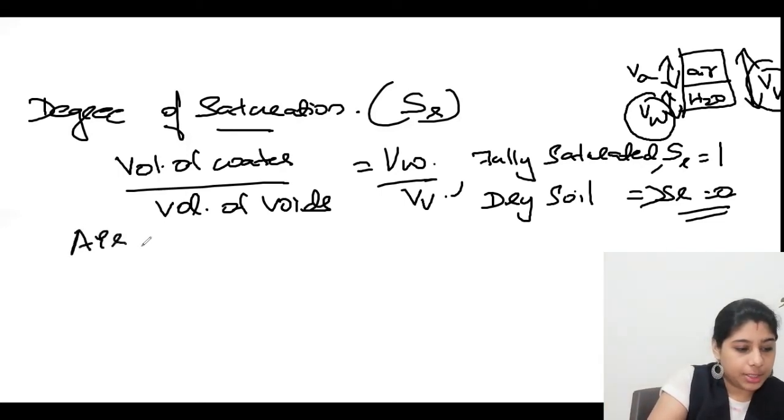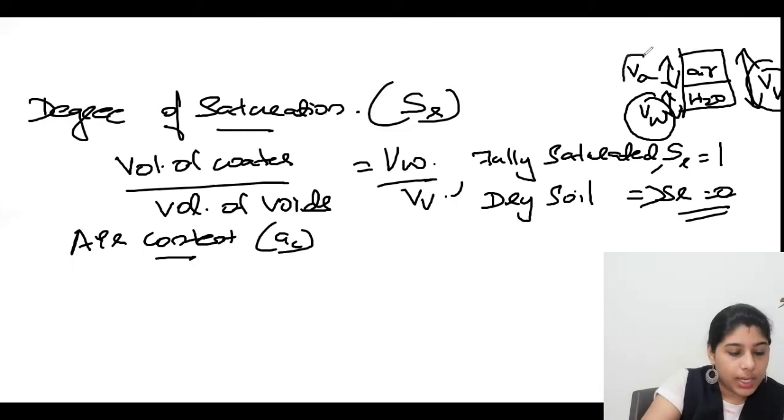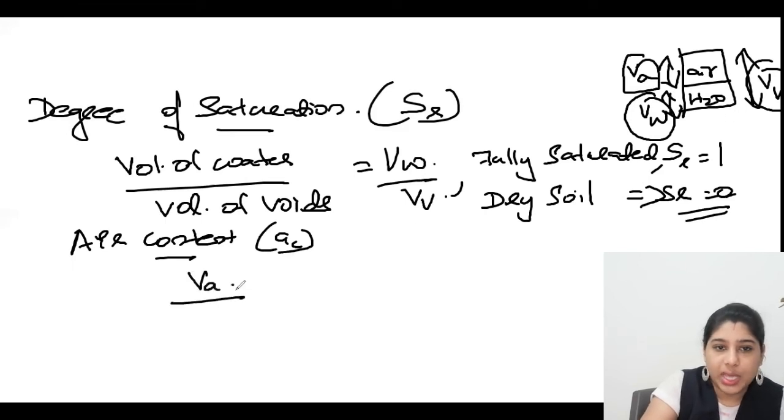Next is air content, AC. Degree of saturation means how much water in volume of void. Same way, we are taking here volume of air, that means the volume of air inside the volume of void. Very easy. We can compare and study.